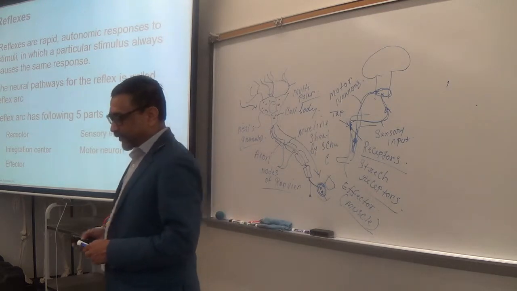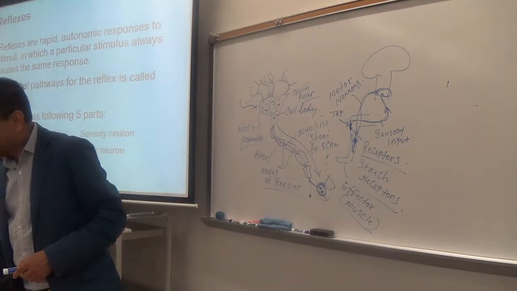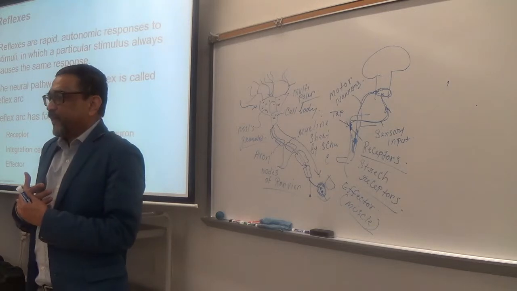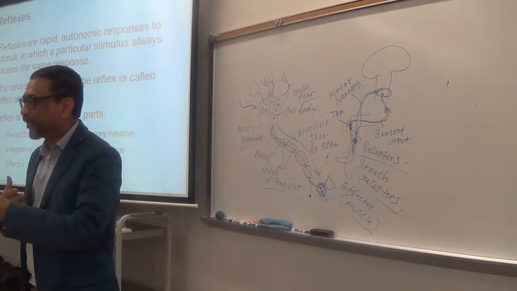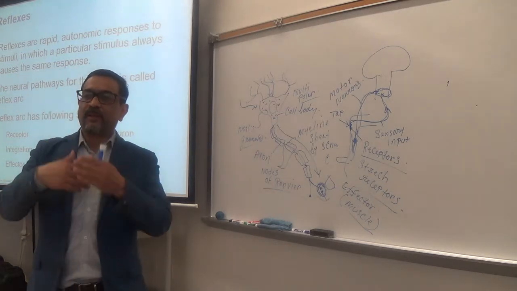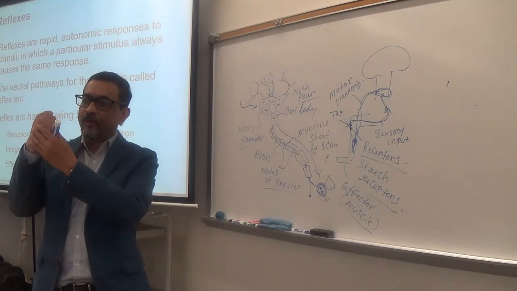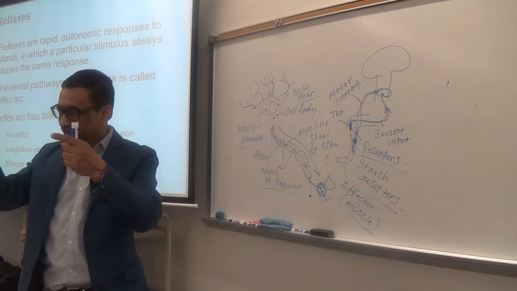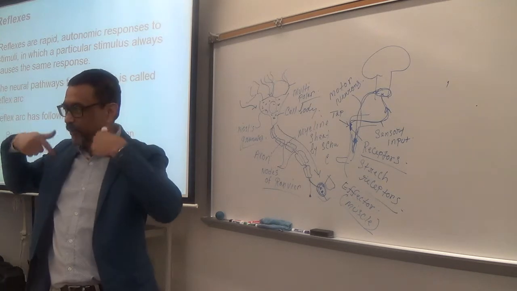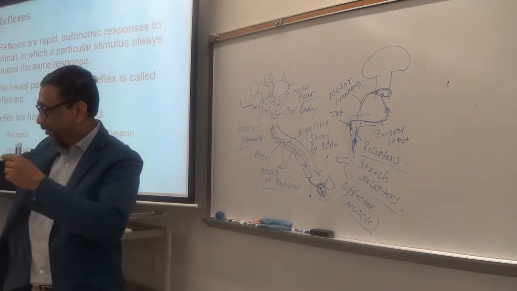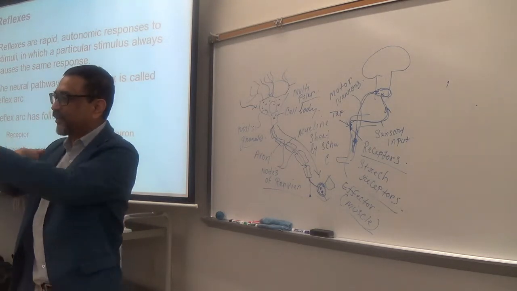Let me give you another example. When your body gets hot, sweating occurs, right? Sweating occurs. So you have temperature receptors in the body that will detect that body temperature has increased, send signal to the brain. Brain will send signal to the sweat glands in this case, right? To do what?